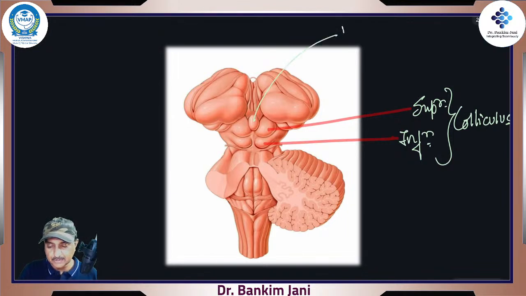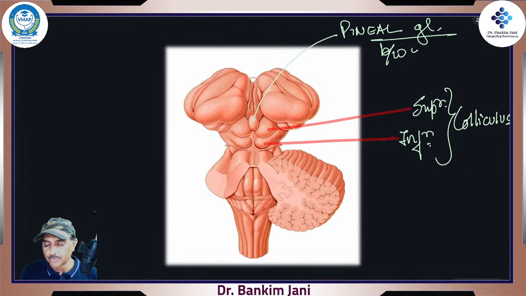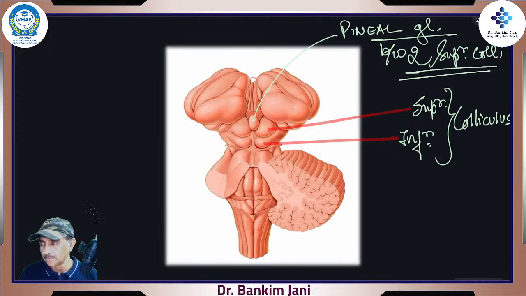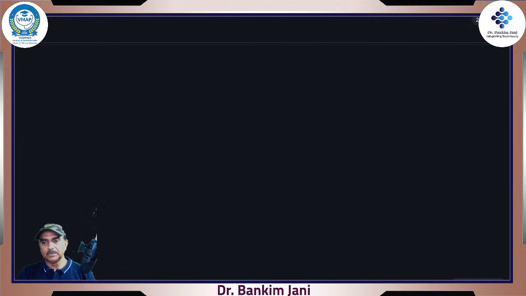So this is the pineal gland, between the two superior colliculi. So this is how things are arranged. Now you know very well about the superior colliculus, inferior colliculus, quadrigeminal plate, and lateral and medial geniculate bodies.